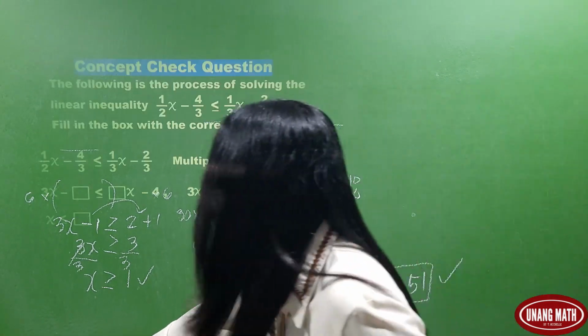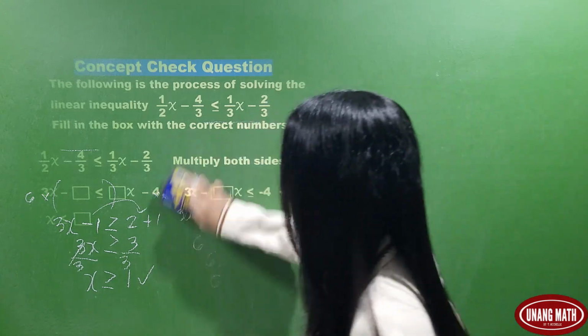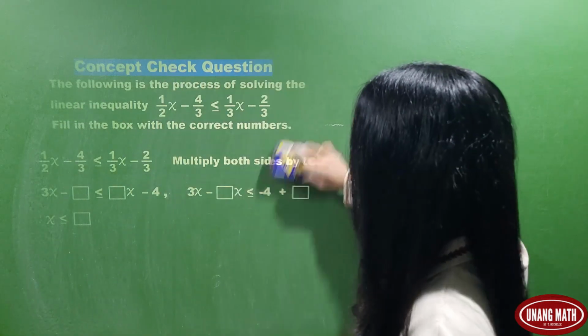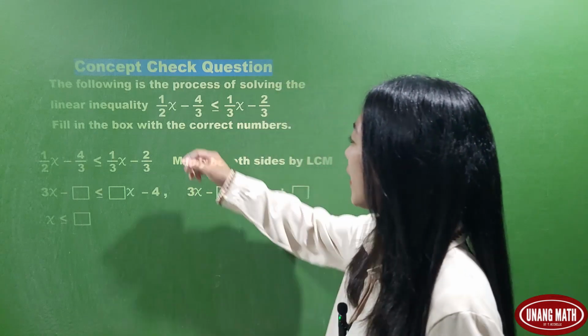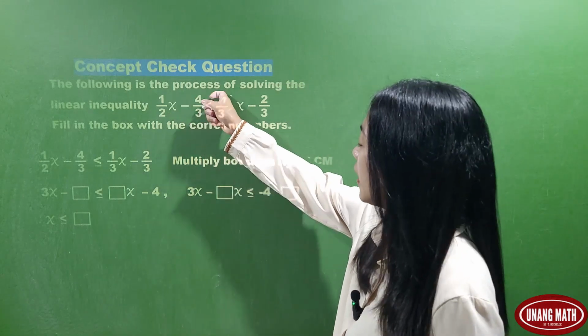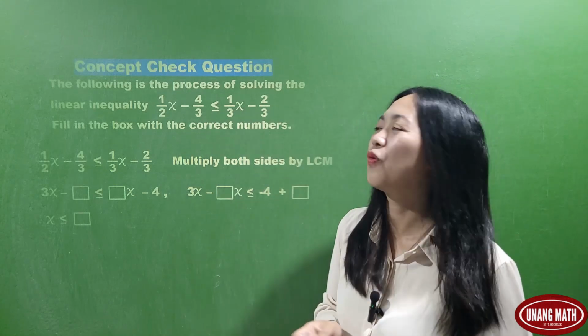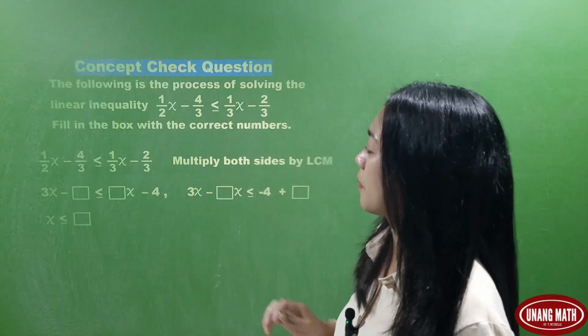Okay, this time, let's also answer these concept check questions. The following is the process of solving linear inequality, 1 half x minus 4 over 3 is less than or equal to 1 over 3x minus 2 over 3. We will be filling the box with the correct numbers.